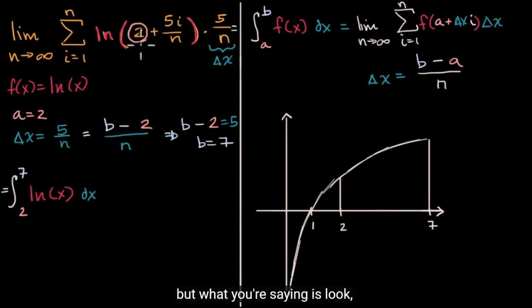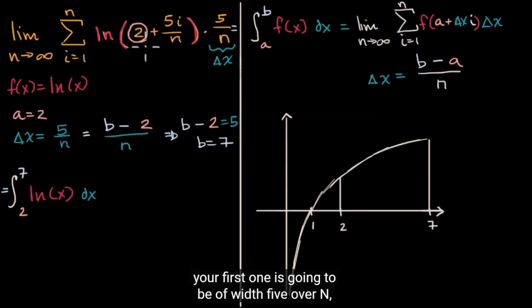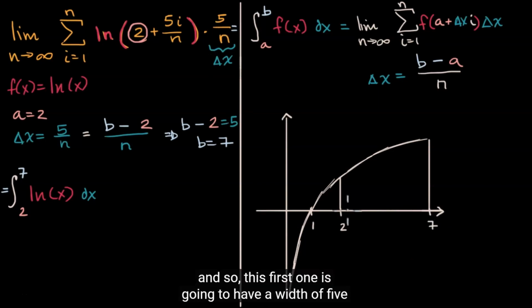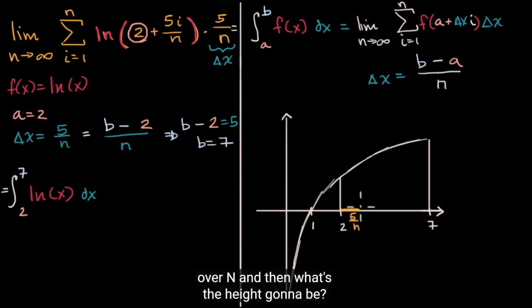But what you're saying is, look, when i is equal to 1, your first one is going to be of width 5 over n. So this is essentially saying our difference between 2 and 7, we're taking that distance, 5, dividing it into n rectangles. And so this first one is going to have a width of 5 over n. And then what's the height going to be?